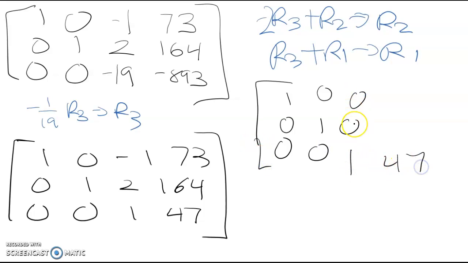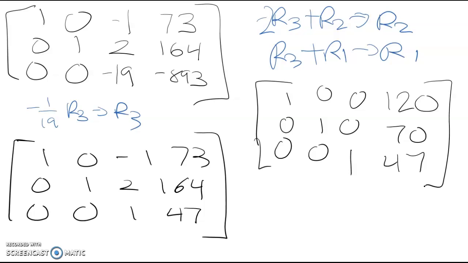So I have 47, and then here I'm going to end up with 120, and then here I'm going to have 164 minus 2 times 47. That leaves me with 70.